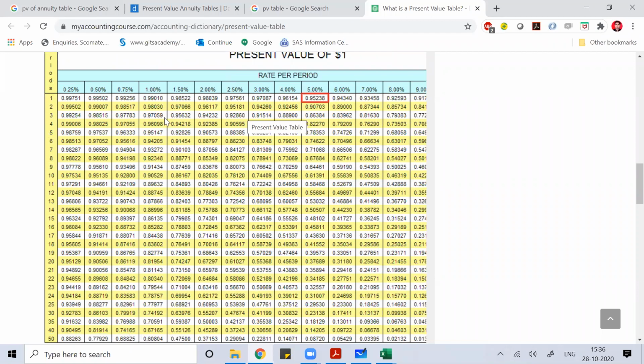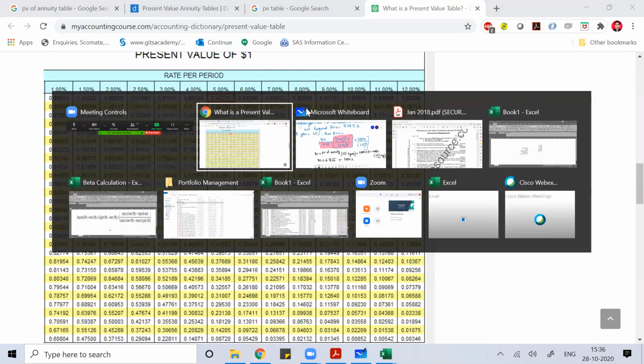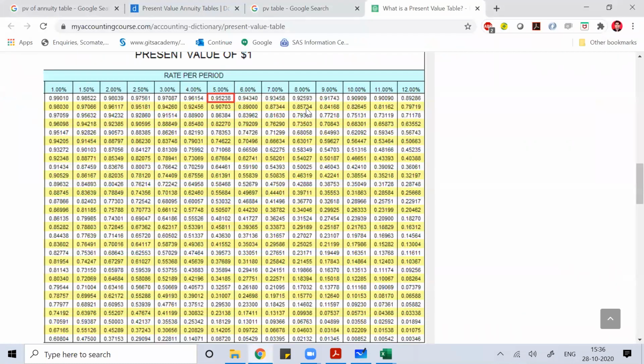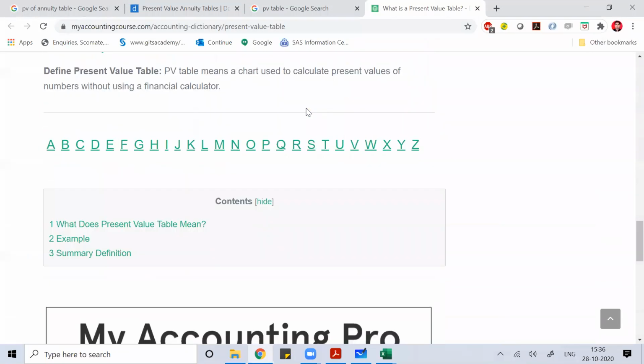I hope you can get the logic. Suppose 5% for 1 year, that is 0.95238. You don't have to calculate if the table is given to you. But 15% is not given here. We need another table if we can get one.